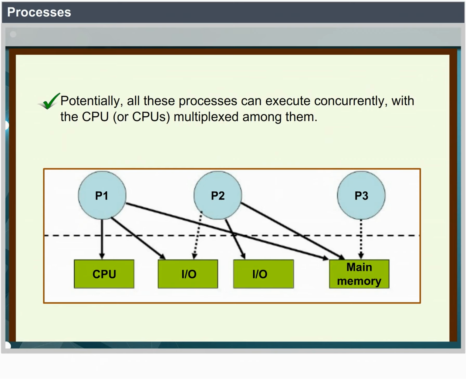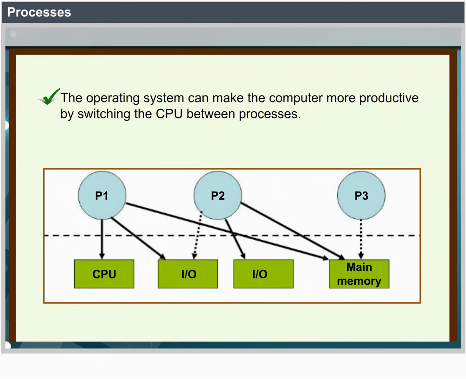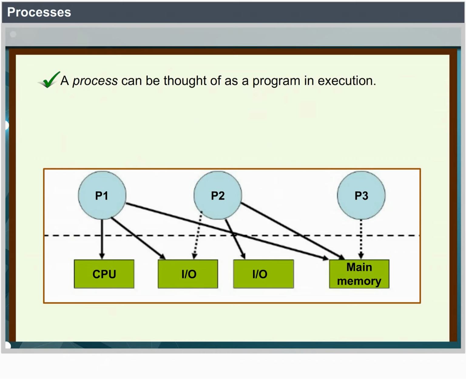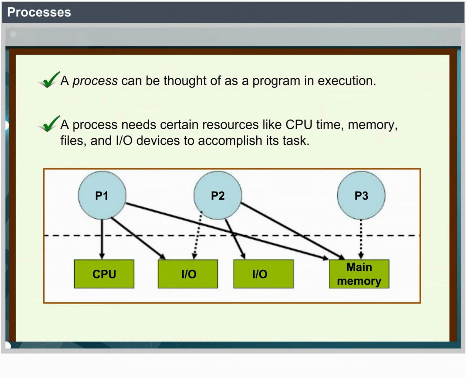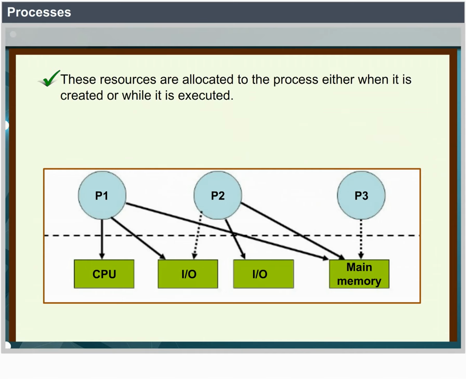By switching the CPU between processes, the operating system can make the computer more productive. A process can be thought of as a program in execution. A process will need certain resources such as CPU time, memory, files, and input-output devices to accomplish its task. These resources are allocated to the process either when it is created or while it is executing.